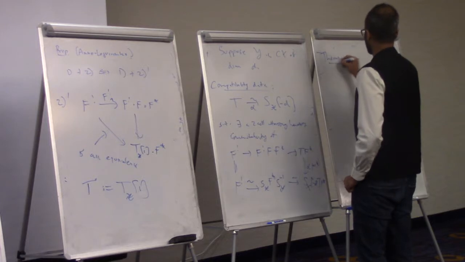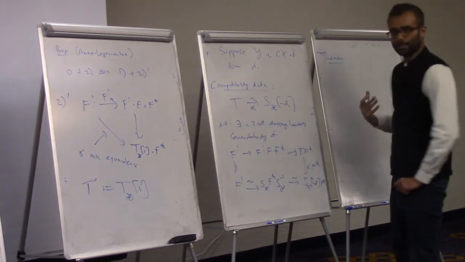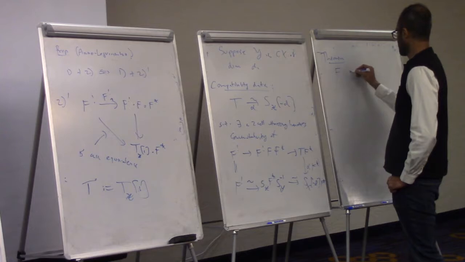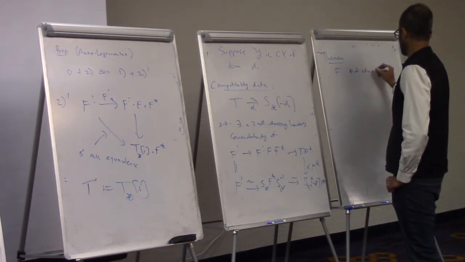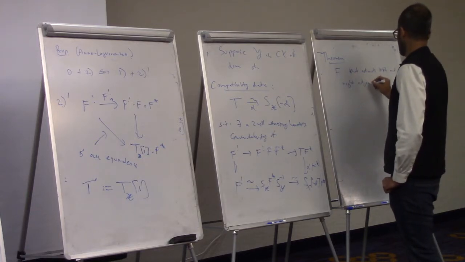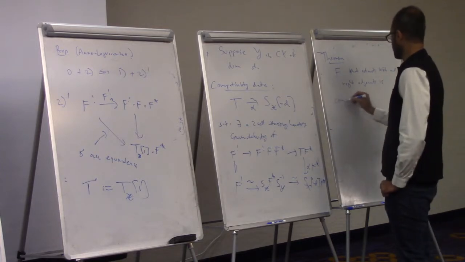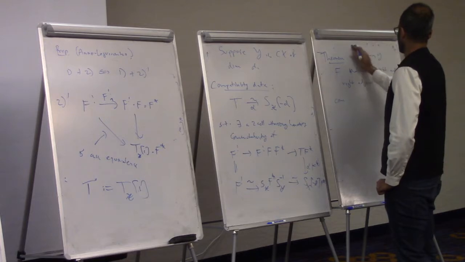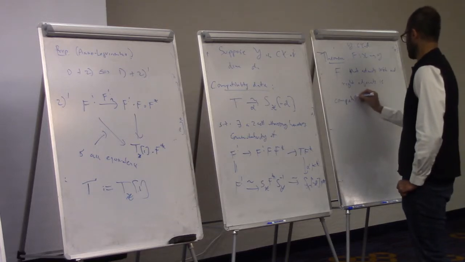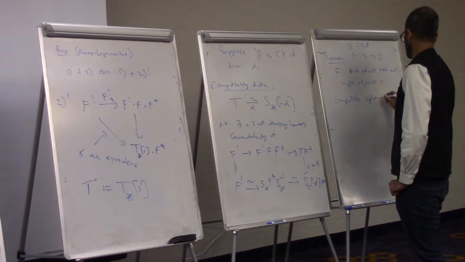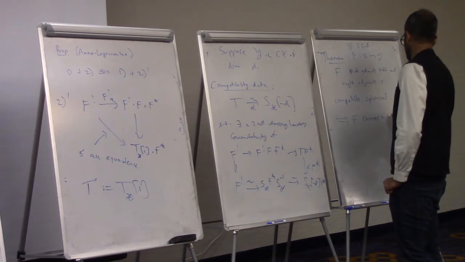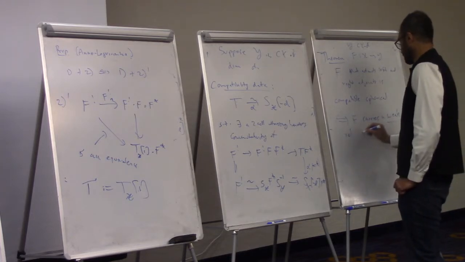So the theorem, which I stated a bit vaguely, and you can ask me for the precise version: a functor F that admits left and right adjoints, F from X to Y, with Y Calabi-Yau, is compatible spherical, which is equivalent to saying that F carries a weak relative Calabi-Yau structure. And I should emphasize the weak relative Calabi-Yau structure.